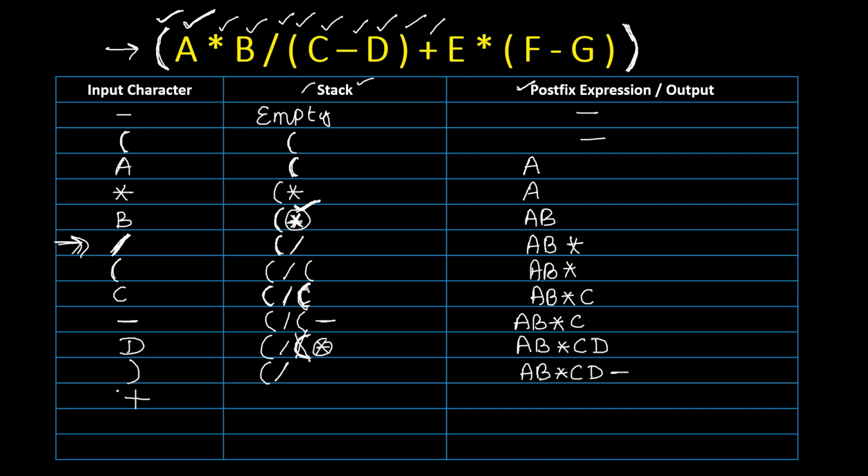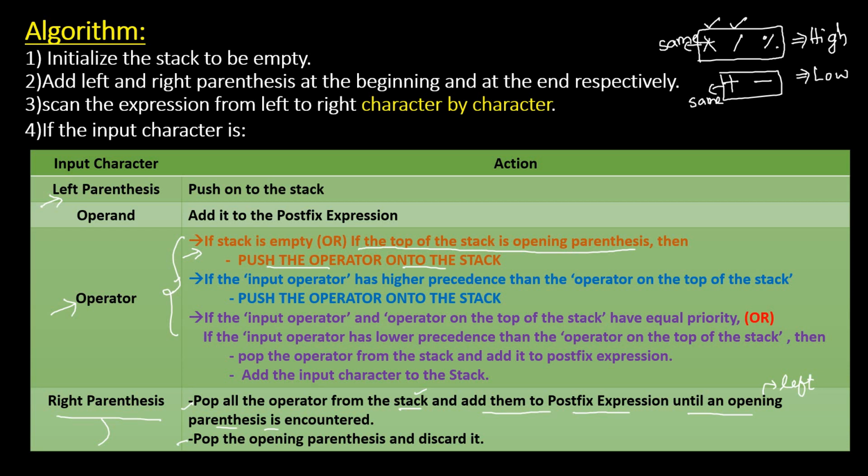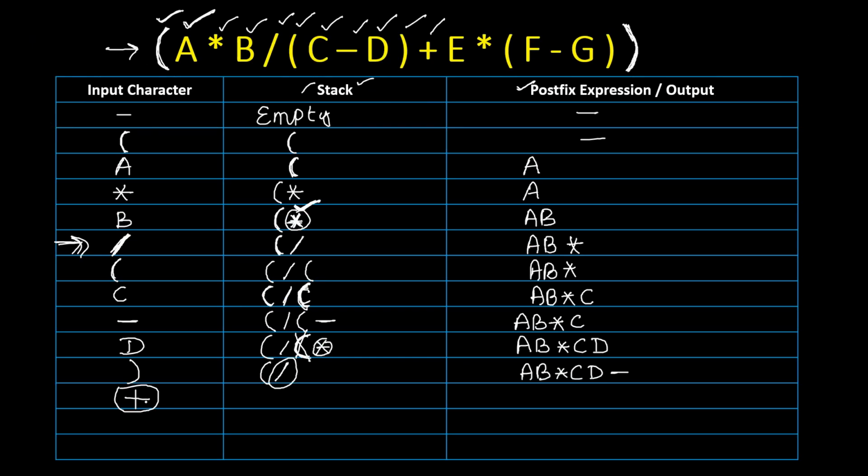Now we have to compare this plus with this division operator. Okay, so comparing plus with the division operator. So which point is going to match? The first one will not match, the second point also will not match, but the third point, see here, if the input operator has lower precedence than the operator on the top of the stack. So here our input operator is plus.